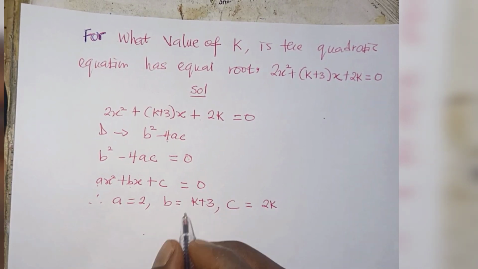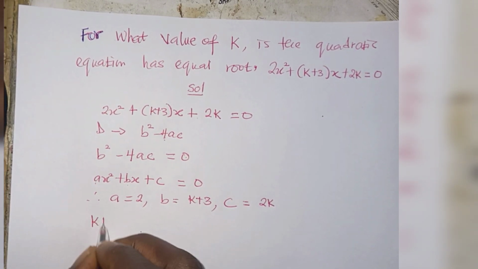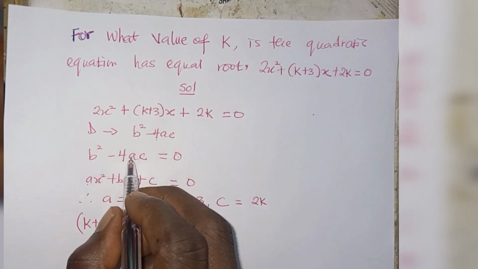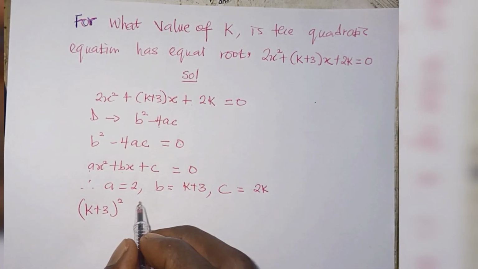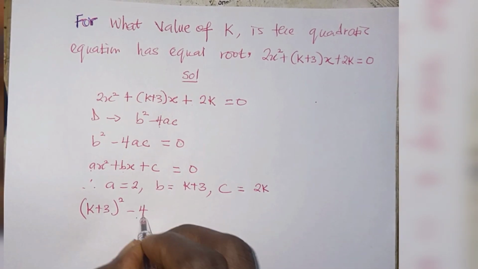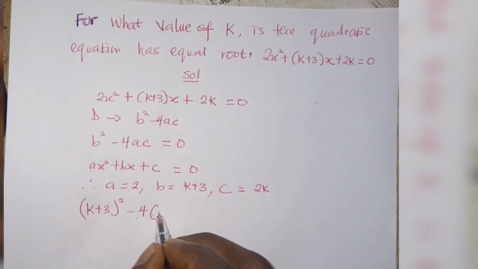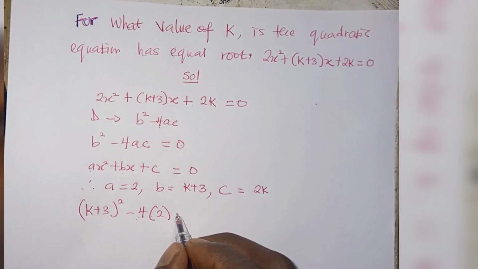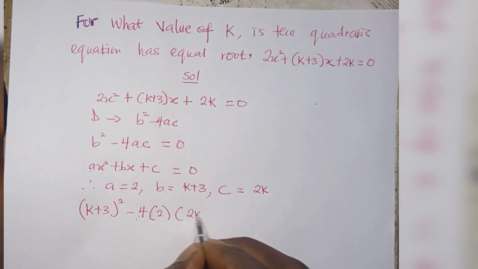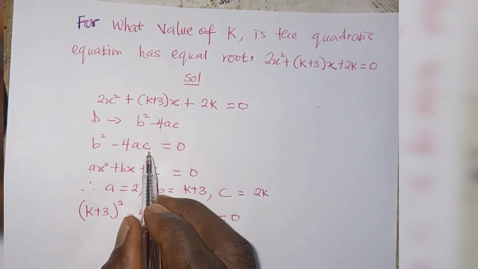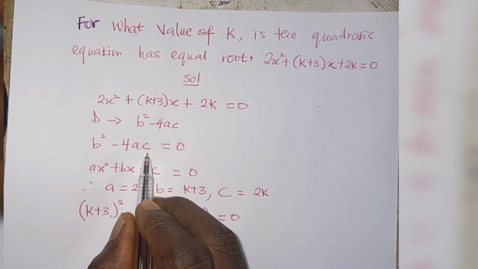So b², what is my b? (k + 3)². Minus 4 multiplied by a, what is a? 2. Then multiplied by c, what is c? 2k. Everything is equal to 0, following the discriminant formula for equal roots.